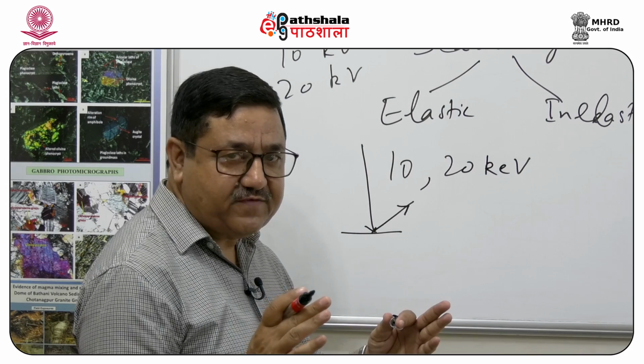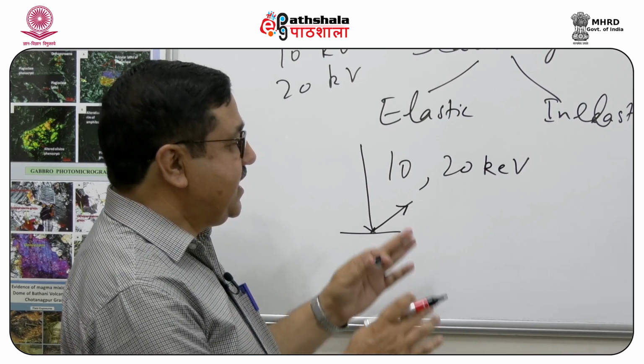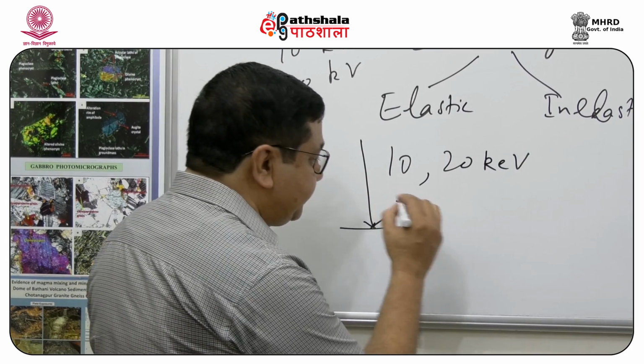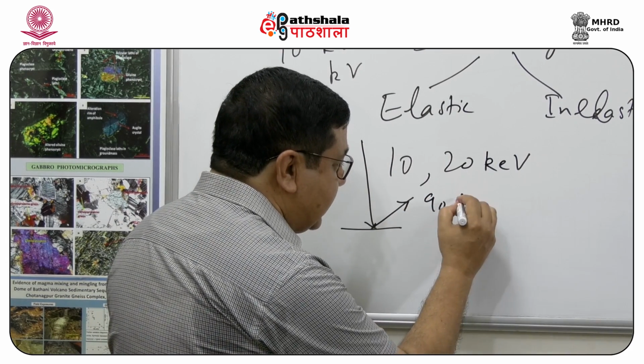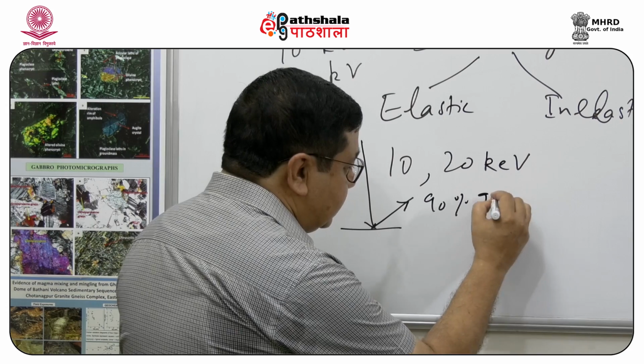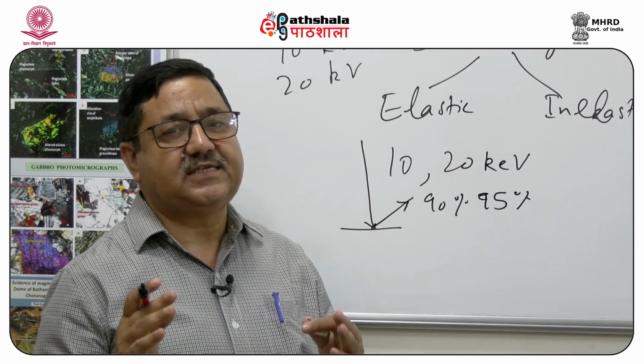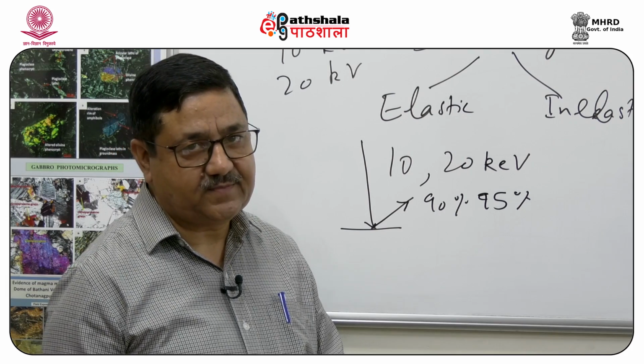The significant loss of energy would be if this beam becomes few electron volts. So, therefore, if it is 90 to 95% same energy, then we call that as elastic scattering.